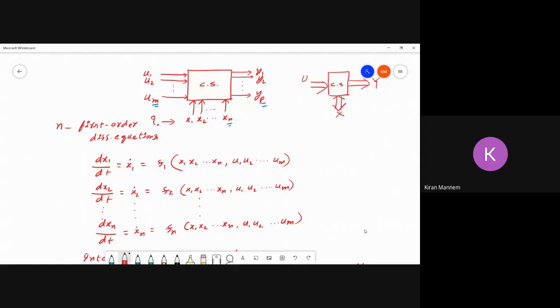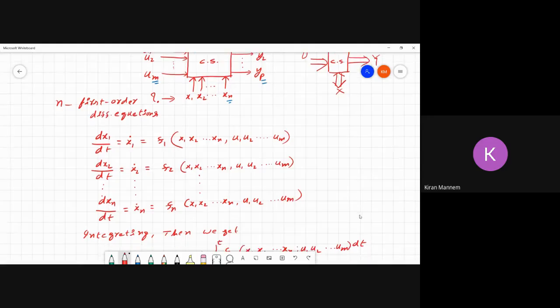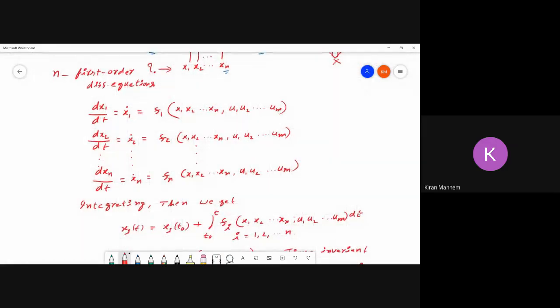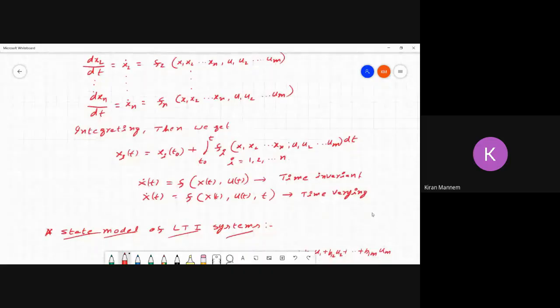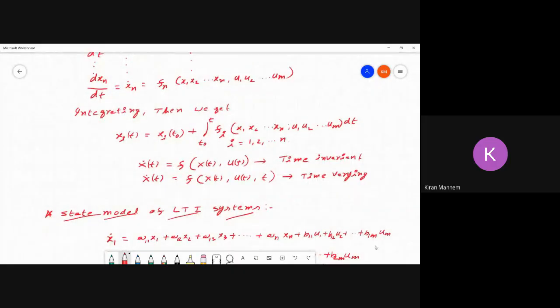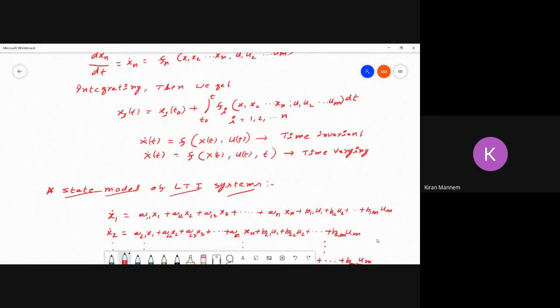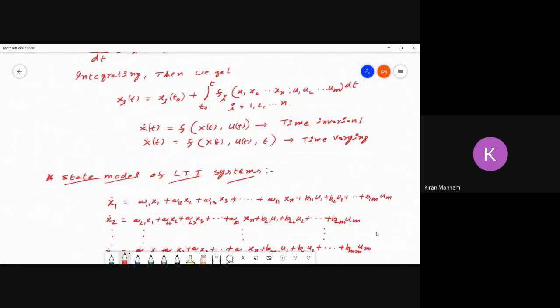Generally, we represent with first order differential equations as a function of state variables and input variables. So we had the functions in terms of state variables and input variables.